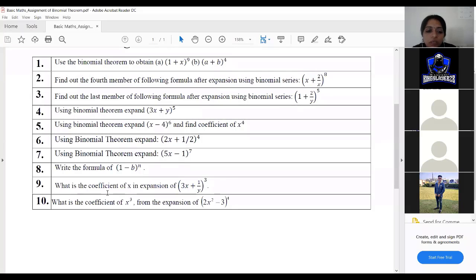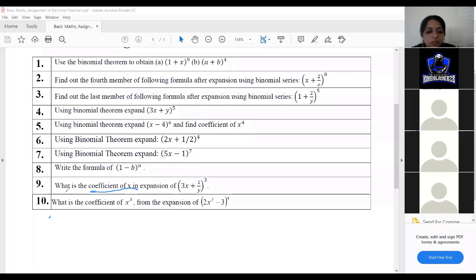I just want the coefficient of x, not the whole answer. Nine. Coefficient of x is 9. Okay. Anyone?